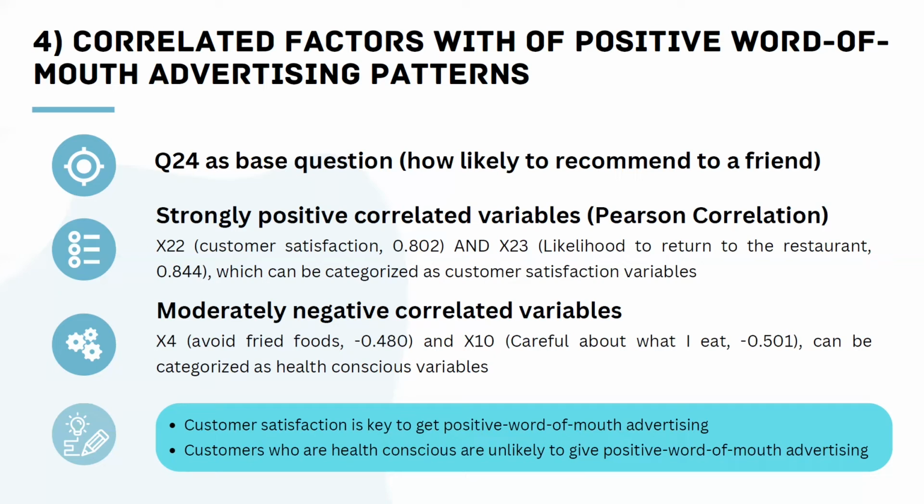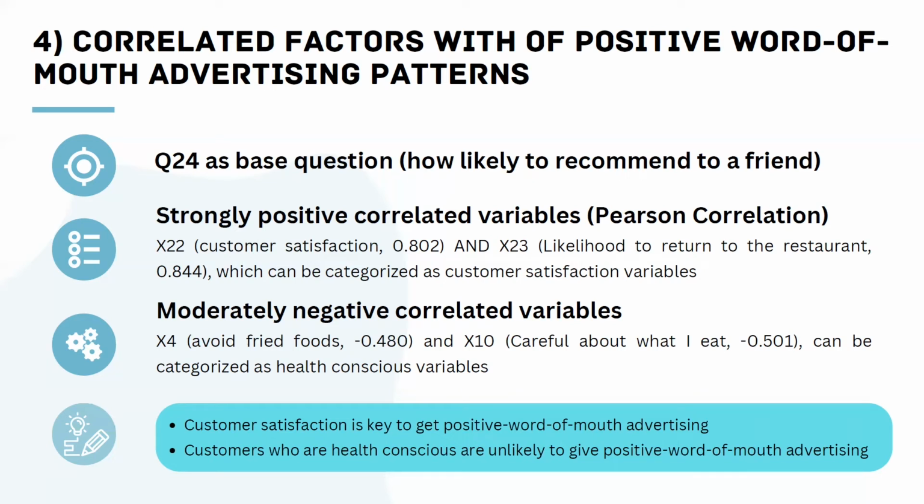Similarly, in X23, people who rated above 4 were more likely to recommend Santa Fe Grill to their friends. So both show positive word of mouth through the customers, because the more satisfied the customers are, the more likely they are to recommend it to their peers.